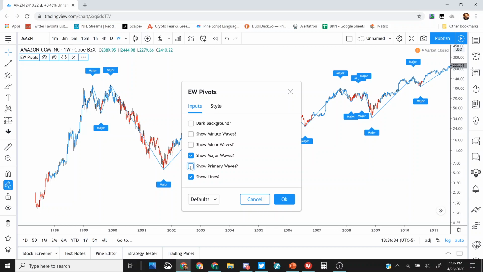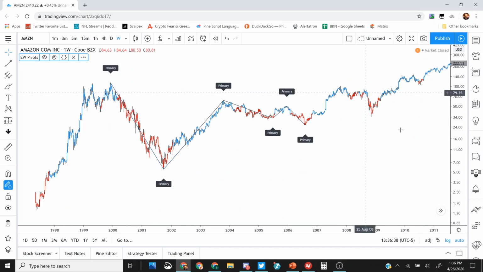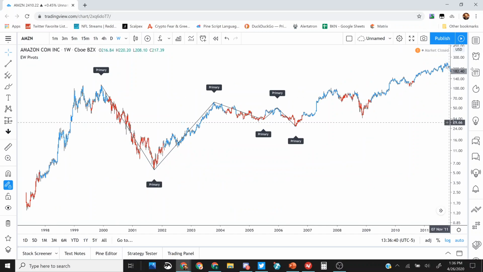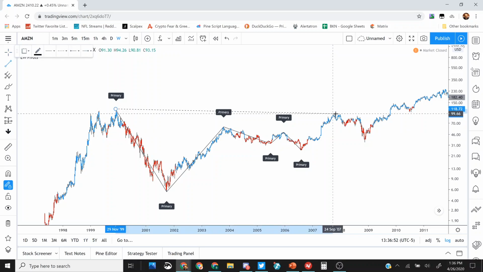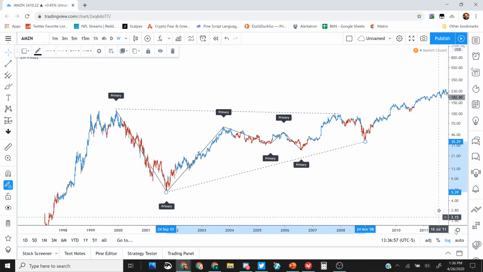Unfortunately, the primary just missed this pivot here. So the indicator actually suggests that our correction on Amazon ended here, but I would suggest it's simply missing a pivot just slightly, and our correction is here. And this looks better when you turn the log off, actually.